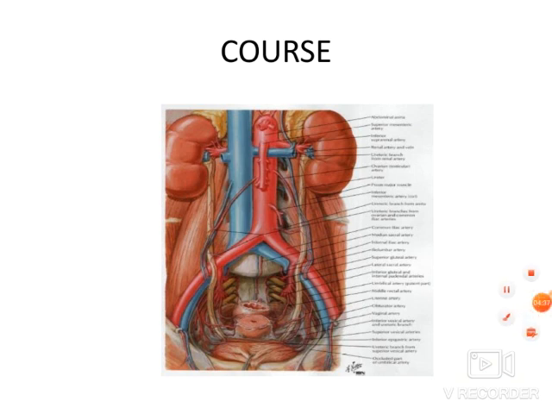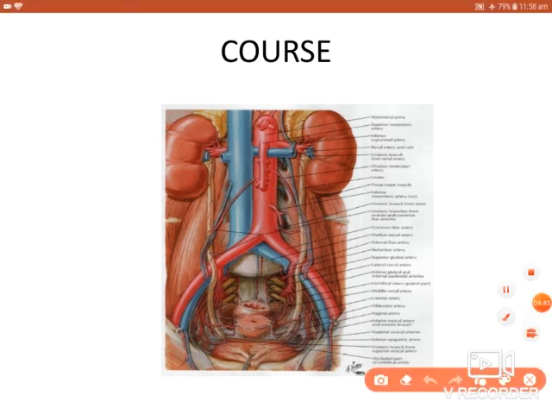Then coming to the course of the ureter. Here, this is also the posterior abdominal wall. This is the right kidney and this is the left kidney. This is the right ureter and this is the left ureter. Here is the lower pole.